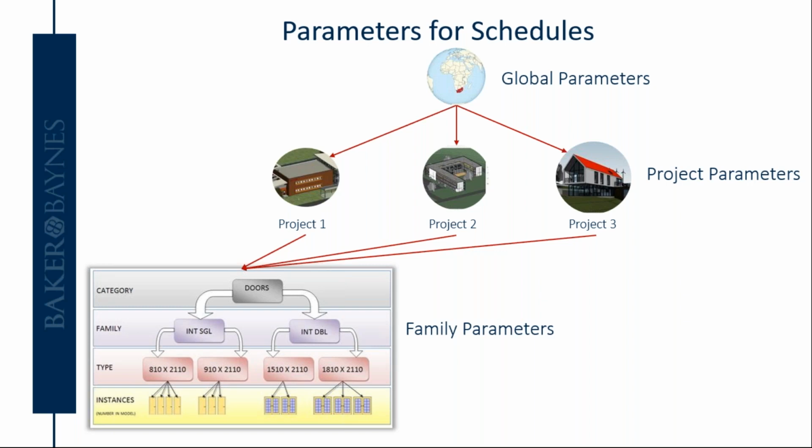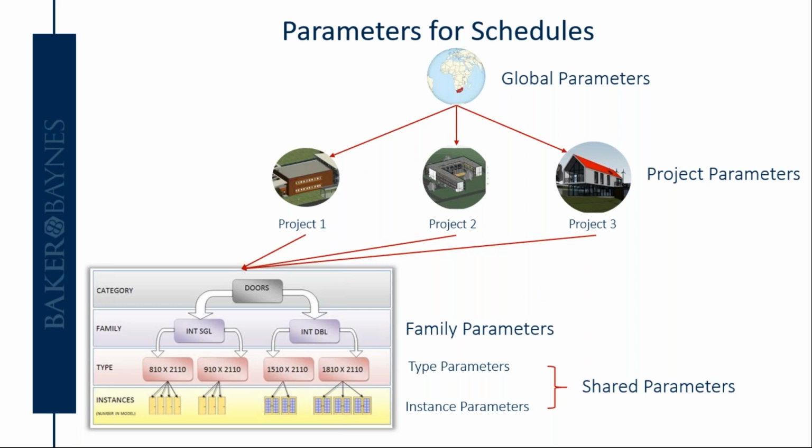So a single door parameter dimensions will be different to a double door's parameter dimensions. And then the last one is the shared parameters. And then with shared parameters, there's two types. You get type shared parameters and instance shared parameters.